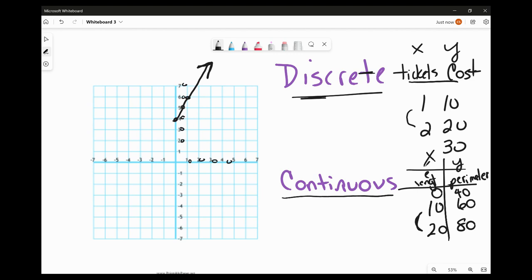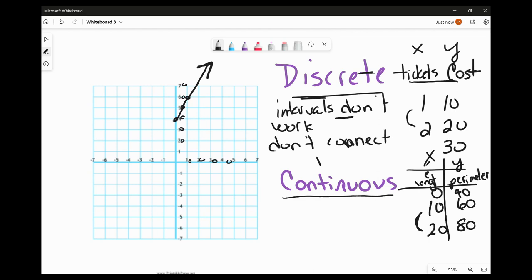So discrete, what I like to say is the intervals don't work. You don't connect the dots or the points. All right, so we're not going to connect the points. If the intervals don't work, you don't connect the points and it's discrete.